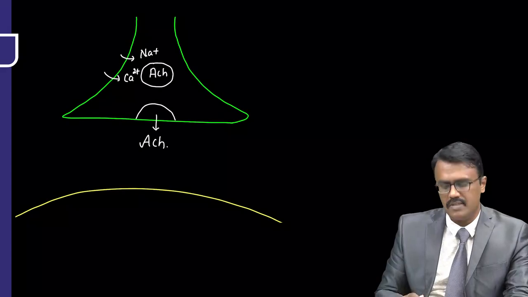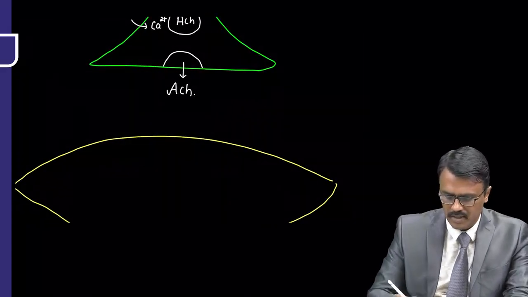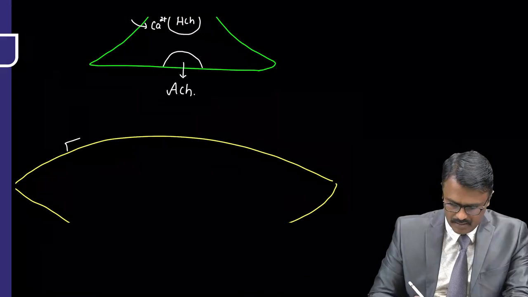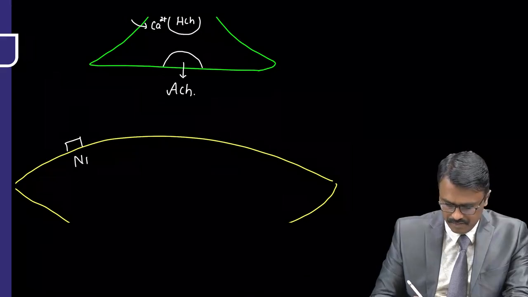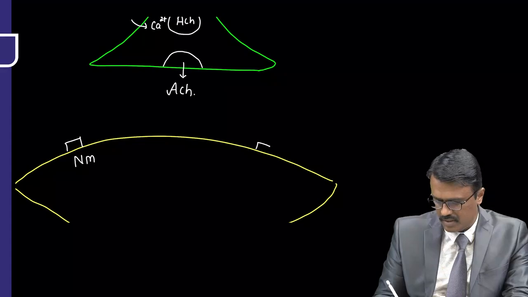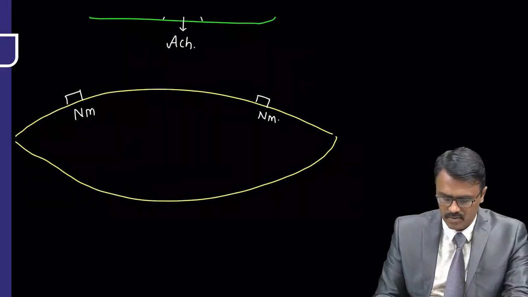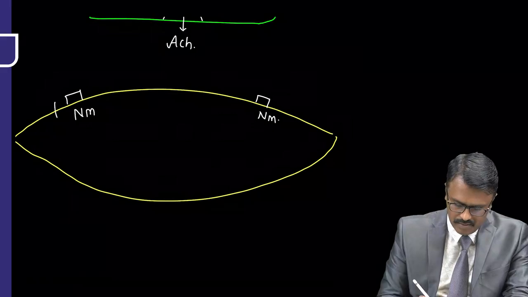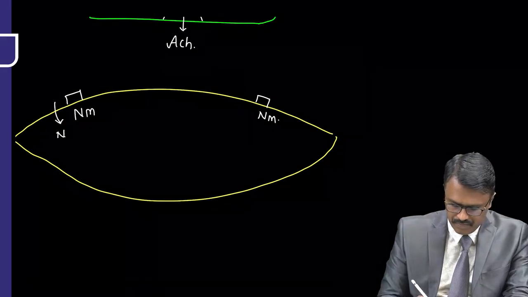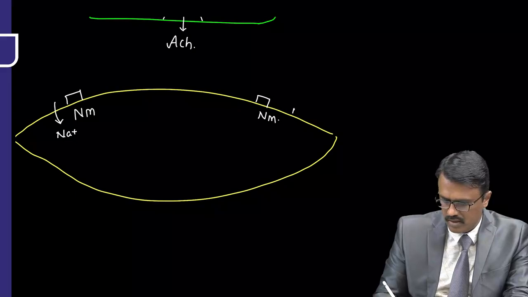The acetylcholine acts on the receptor, and that is the NM receptor. NM receptors are ion channel receptors, so they allow the entry of sodium. So the sodium ion enters inside.